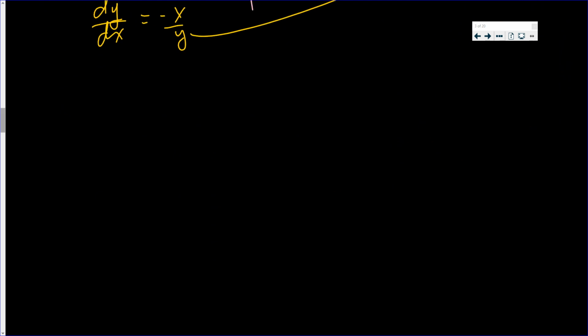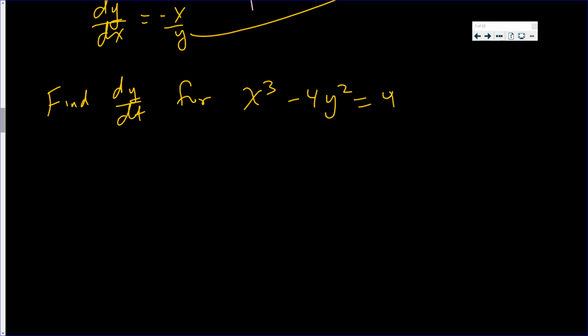Now, suppose you were asked to find dy dt for x cubed minus 4y squared equals y. Okay, so we take the derivative of that, which is 3x squared.